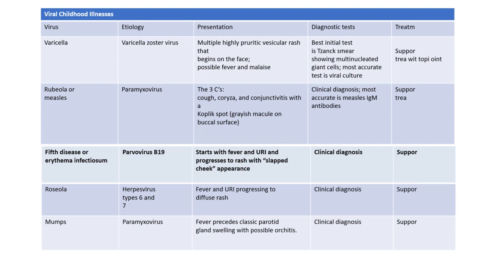So here, the last 3 diseases, fifth disease, roseola, and mumps, we need to know that the diagnosis is clinical and the treatment is supportive. The fifth disease is caused by parvovirus B19. Roseola is caused by herpes virus type 6 and 7, and mumps by paramyxovirus.